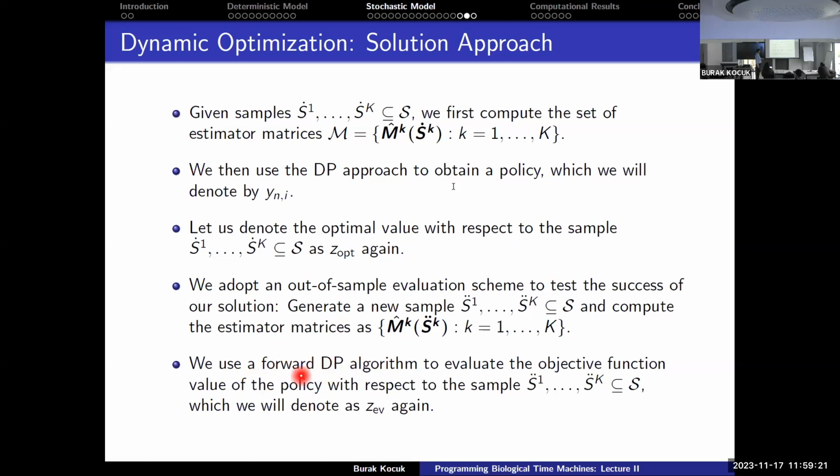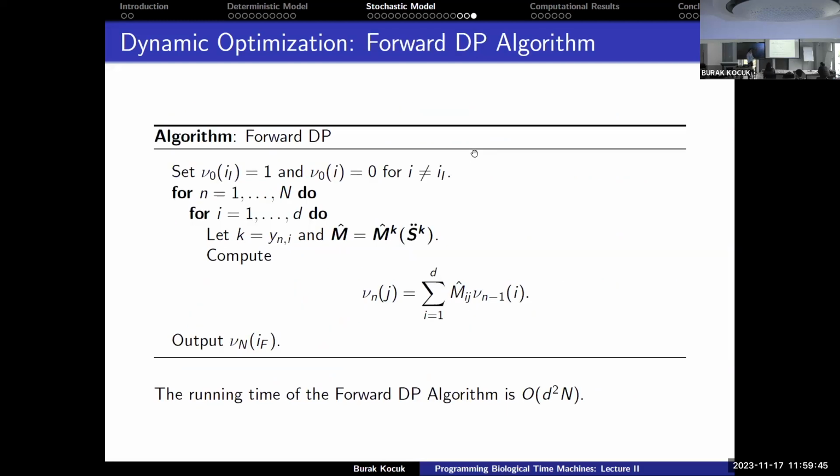Just to implement that, you need to do a forward. Remember, we did backward DP to find optimal decisions. And now we use it forwards, starting with the initial and ending up at the final to evaluate the curve. Luckily this is even easier.